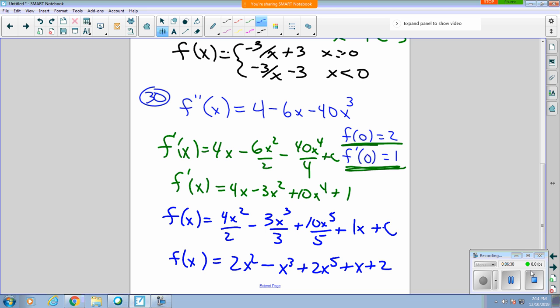And everybody, there's a polynomial, 2 derivatives. So everybody, you have to have 2 conditions. Now, where would this problem get really nasty? It would get really nasty if I gave you 2 conditions and didn't give you the first derivative condition. If I tell you f of 1 was, let's see here, 2 minus 1 is 1, plus 2 is 3, plus 1 is 4, plus 2 is 6.